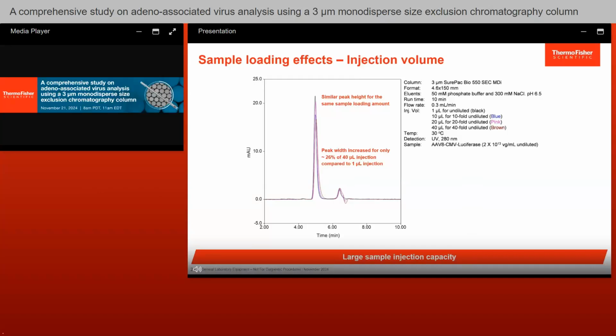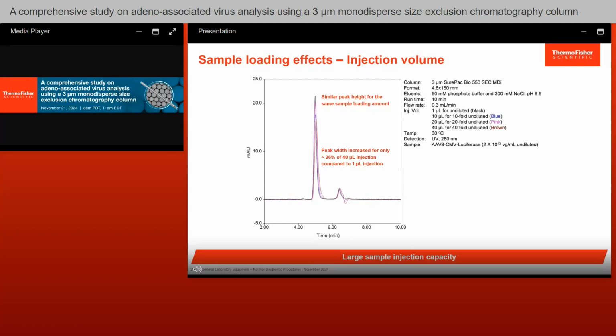So in this case, the actual amount of AAV injected on the column is the same. The only thing we're changing is the injection volume. And we can see, although the injection volume is 40 times larger than the 1 microliter injection, the peak width is only increased by about 26%.